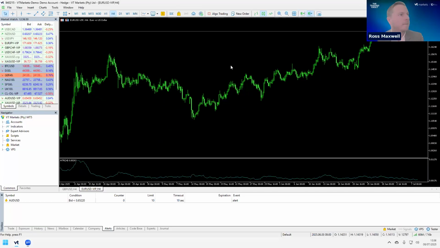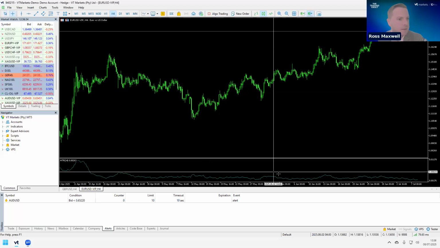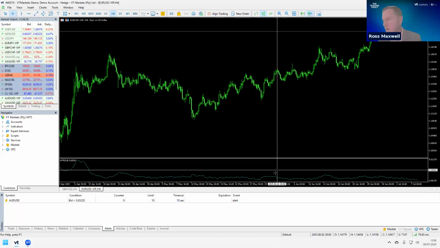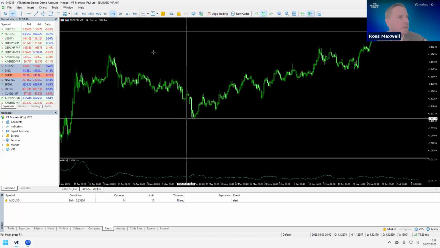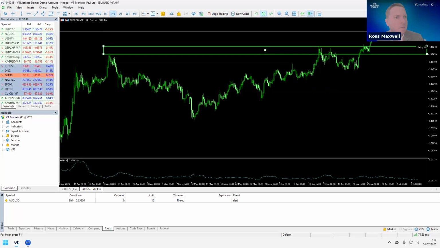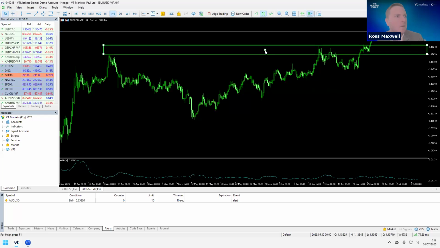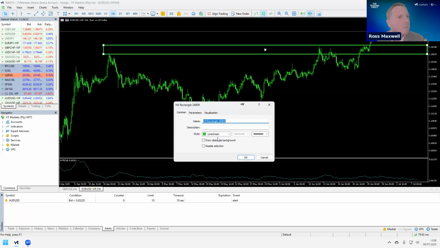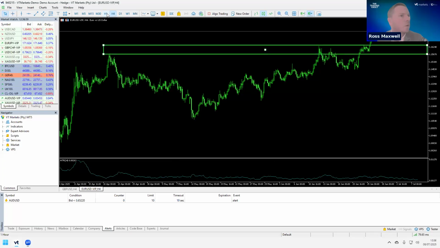Right. Okay. So what we've got here, again, if we look at the ATR, we're looking at around sort of 60 cents, something like that. So we're going to do 30 pip wide zones. Again, divide that by 2. Actually, I think this is one I've got on a 1-hour chart.